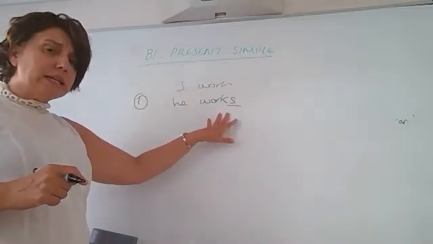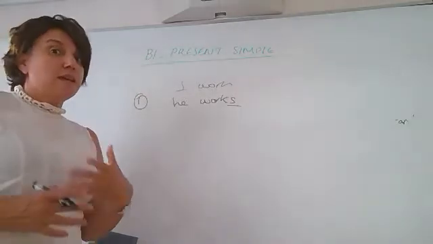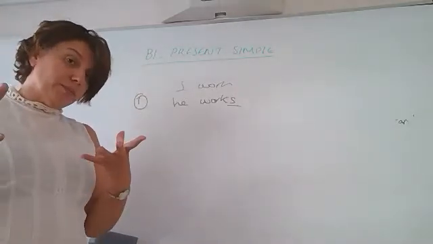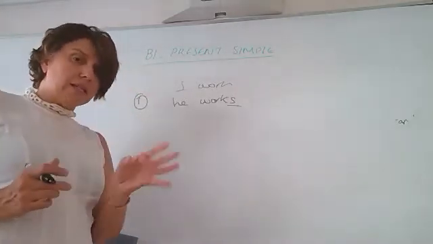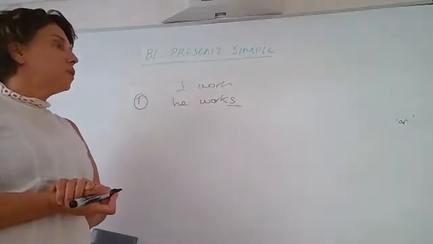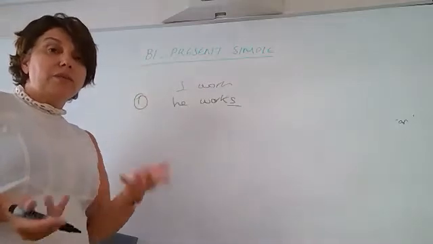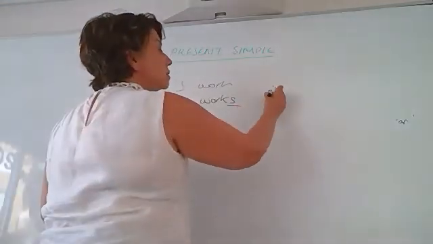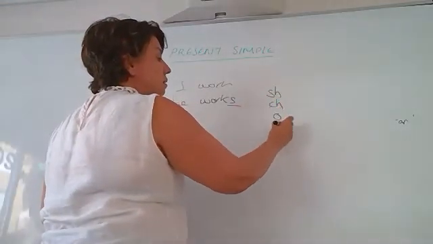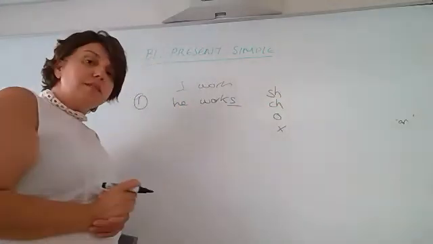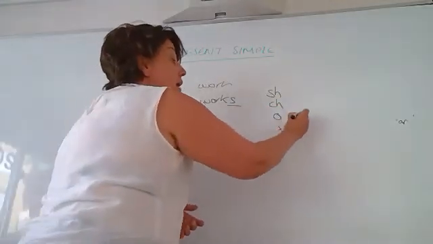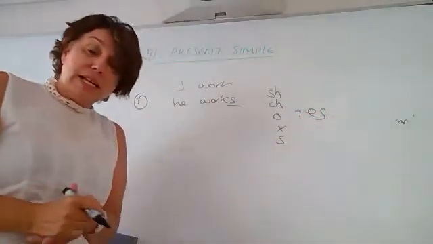¿Ponemos siempre la S? A veces ponemos ES. ¿Cuándo? Pues hay unas reglas que seguir. Si el verbo termina en una consonante normal, añadimos la S. Si el verbo termina en estas palabras o en una S, añadimos ES.